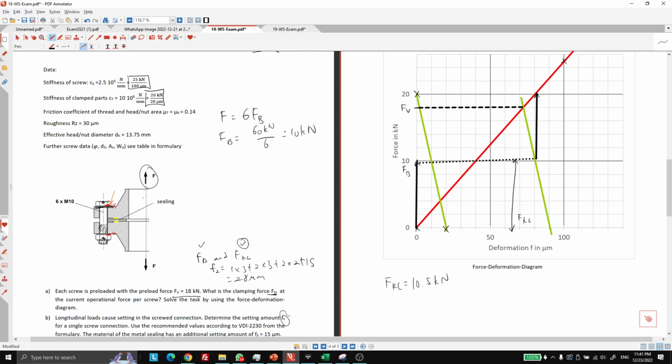So I'm around 90 right here, so I move by 28, so I'm around 118 micrometers.